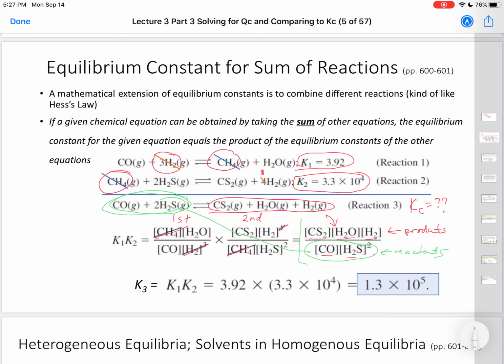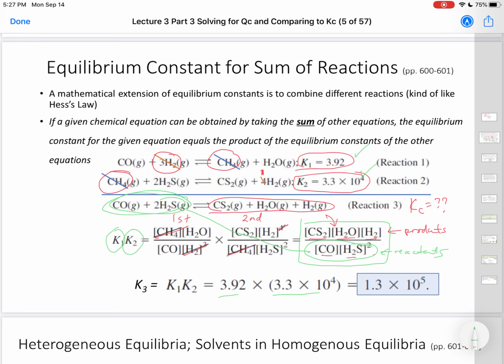So really, this is the Kc for the overall reaction, is it not? If you multiply K1 and K2, which is basically Kc for your two elementary reactions, you're going to get K3, or Kc for your overall reaction. In this case, if you multiply these two numbers together, you're going to get 1.3 times 10 to the fifth.